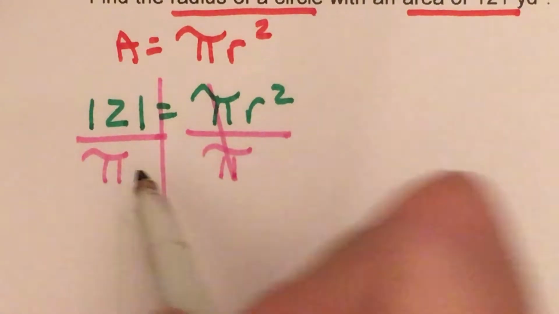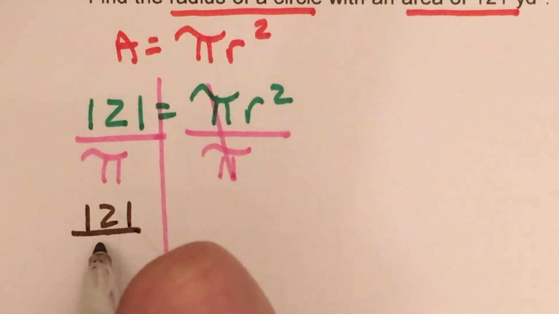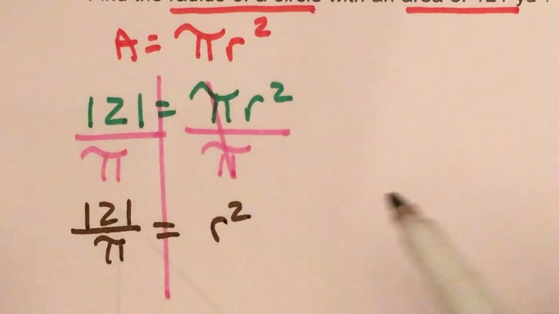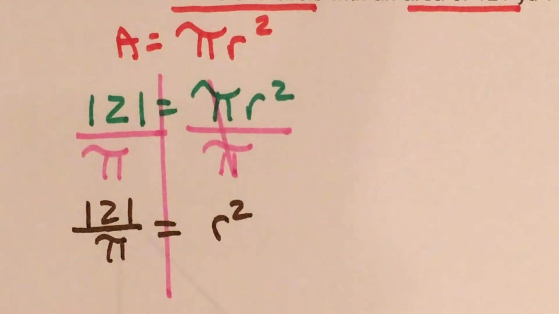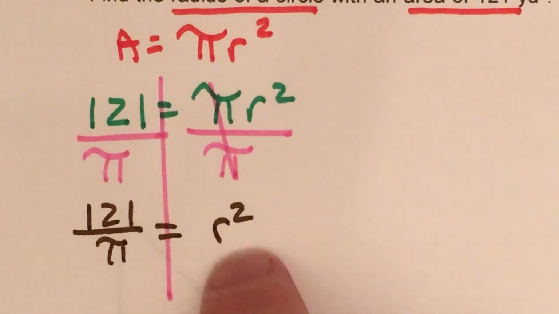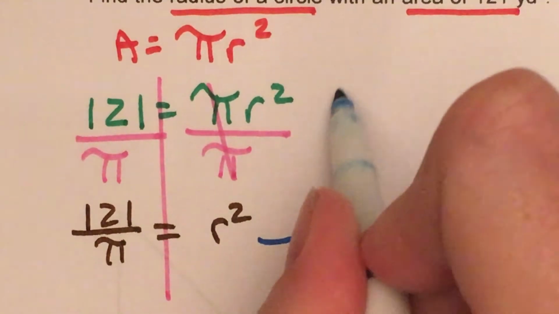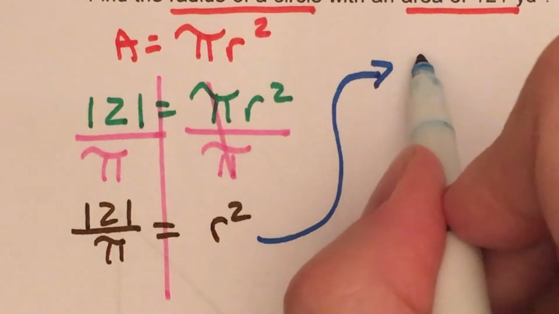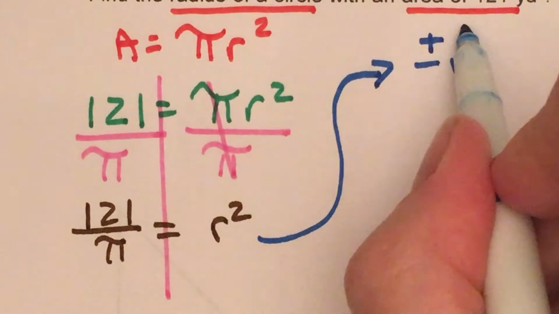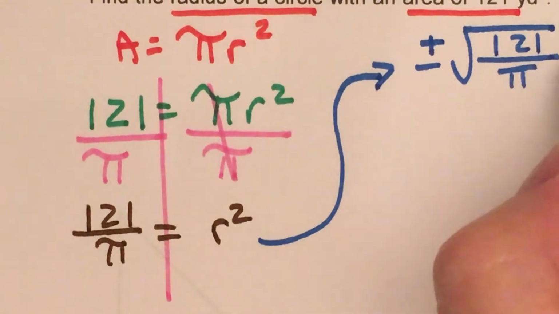So we're going to leave this as it is. 121 over pi equals the radius squared. And now, how do you get rid of the square? That's right, square root. So remember, take the plus and minus of the square root of 121 over pi.